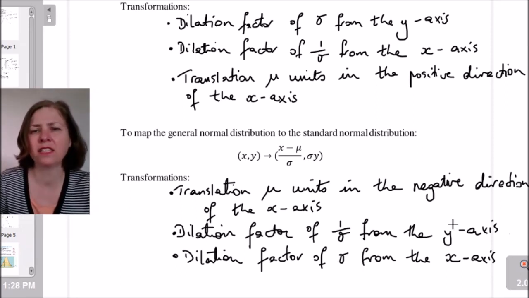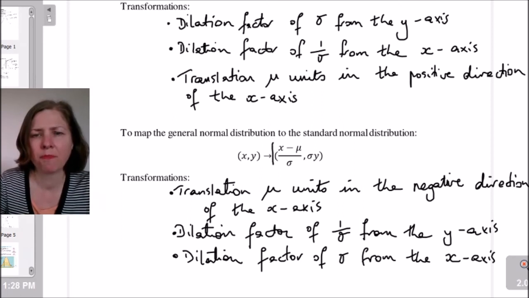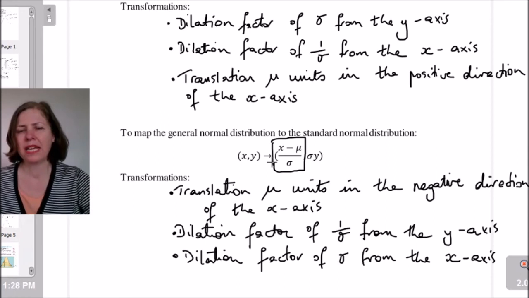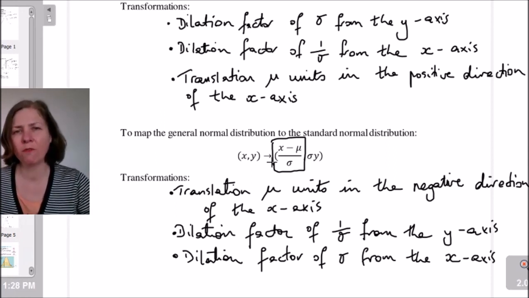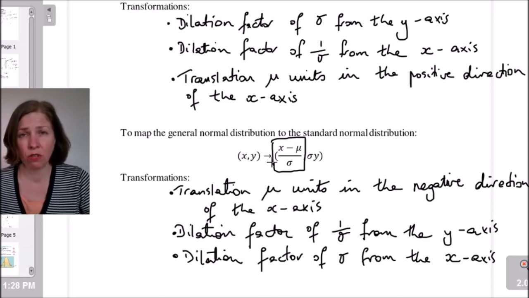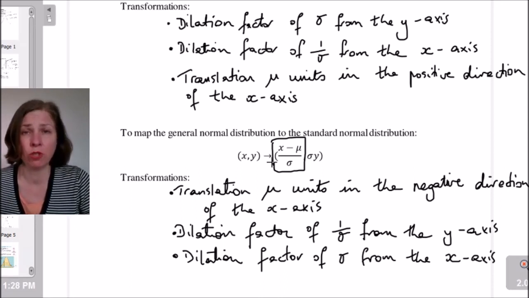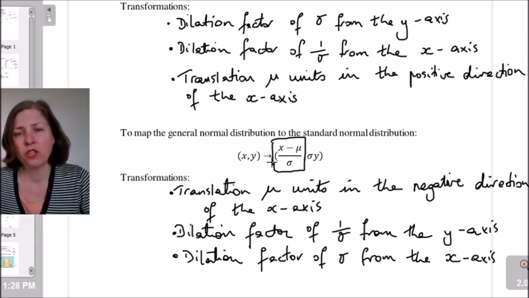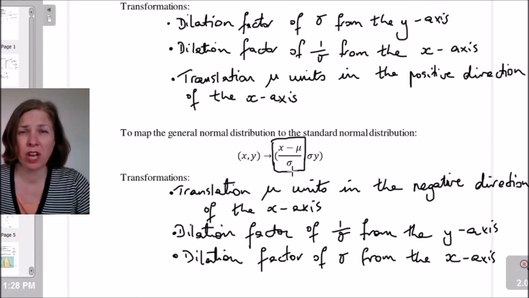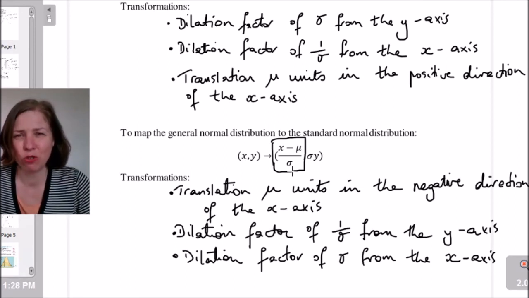Now this here is a really important part of this formula. It's how, whenever we are given a general normal curve and a general normal distribution and information about the mean and standard deviation, if we do this transformation, we can change it into a standard normal curve.